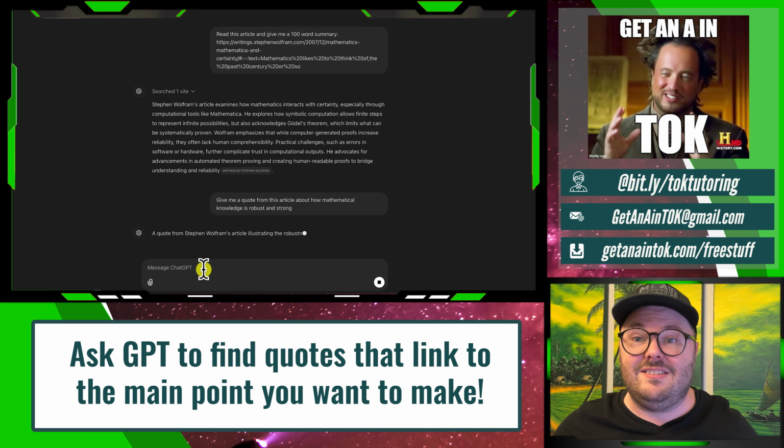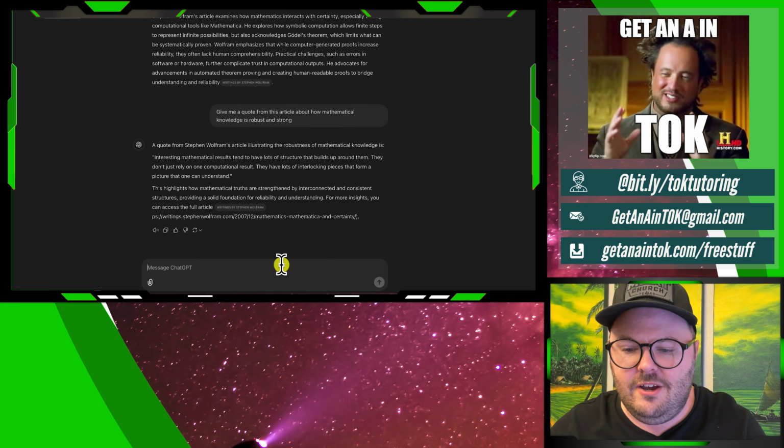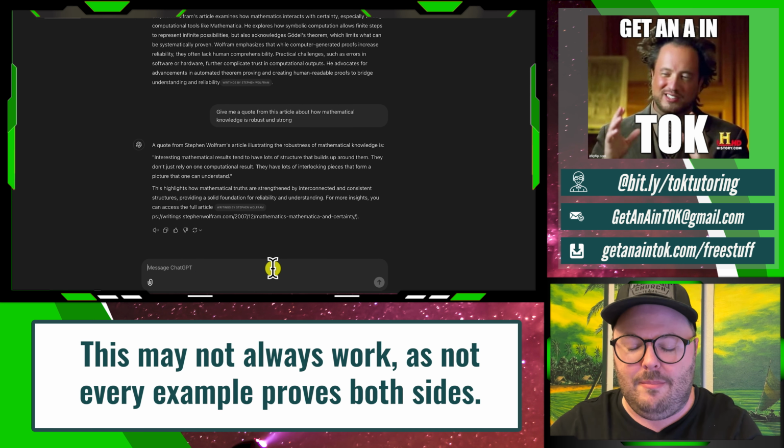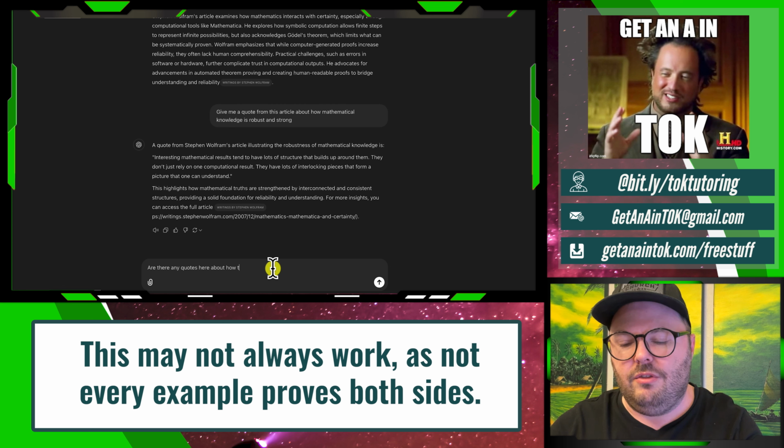So now we're having it find evidence for this one side. So we've got a thing here. And now we're just going to do the opposite. Are there any quotes here about how there might be weaknesses in mathematical knowledge?